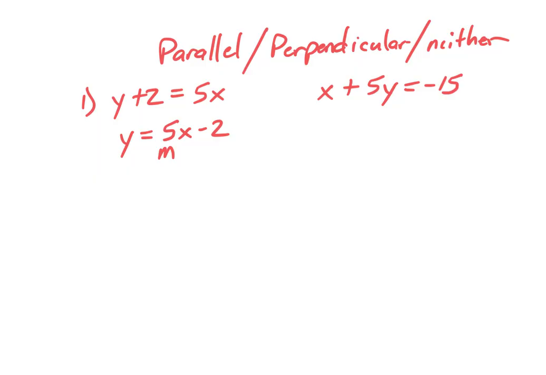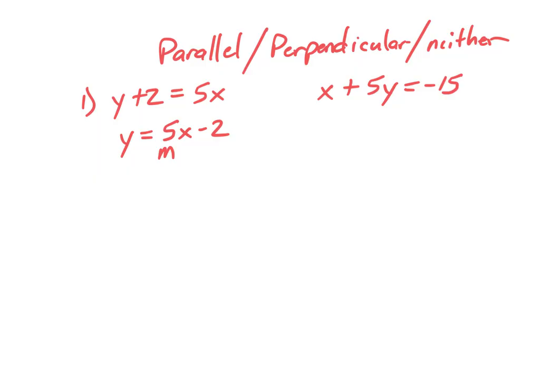Okay, over here, remember when it's in standard form, when x and y are on the same side as one another, we can't just look at this and say, there it is, there's my slope, okay? Like we were able to right here. The a value is in front of the x, then the b value, then the c value. None of those represent slope.